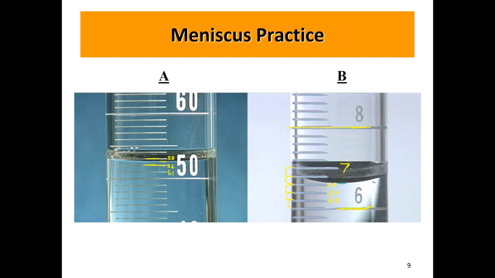So that bottom of the meniscus is right about there. It's clearly between 6.6 and 6.8, right? Here's your 6.8 and 6.6. So the bottom of the meniscus is between 6.6 and 6.8.